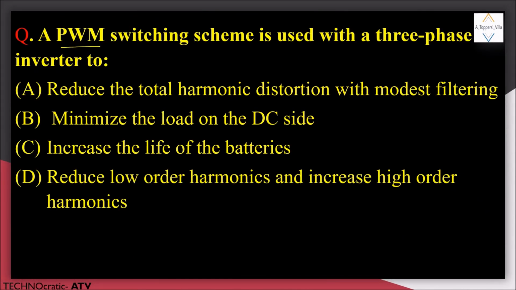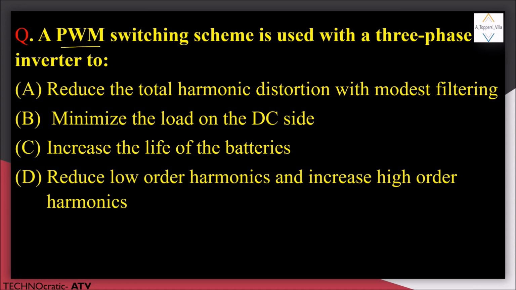Now, a PWM switching scheme is used with a three-phase inverter to reduce the total harmonic distortion with modest filtering, minimize the load on the DC side, increase the life of the batteries, reduce low order harmonics, and increase high order harmonics. So several PWM techniques are used in inverter to get good quality waveform of desired fundamental frequency and magnitude.